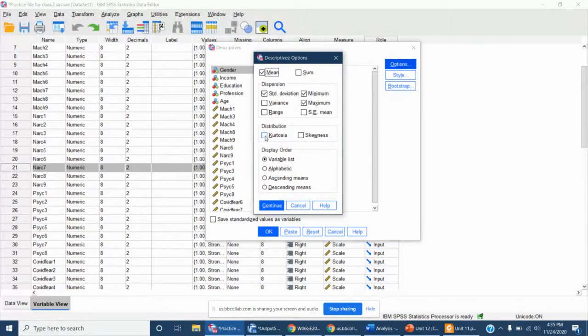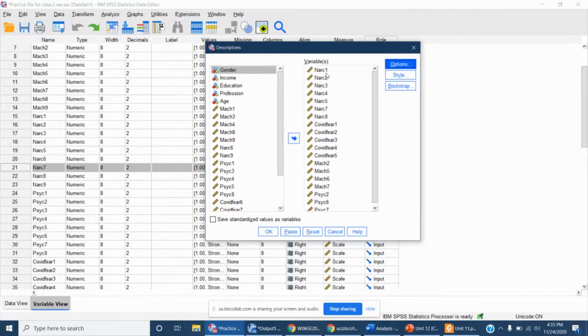There are two options we need to check: the kurtosis option and the skewness option. And I think you can uncheck minimum and maximum, because it just makes your table more crowded. So we need to uncheck minimum and maximum, check kurtosis and skewness, and then continue.